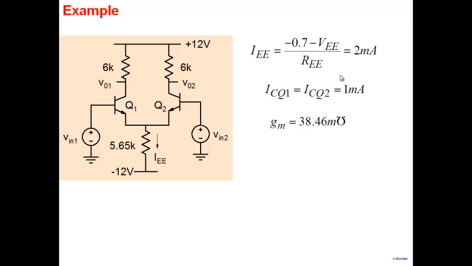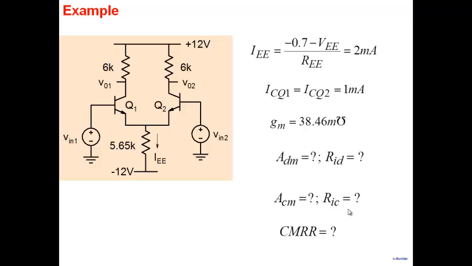So that completes your bias point analysis. The next thing is to find out the small signal parameters. So you determine GM, and that's all you need, because R0 is much larger than these resistors, so we'll neglect it. Then we have to determine ADM, RID, ACM, RIC, CMRR, right? So let's see how well you're paying attention. Maybe take out a page and determine these values.